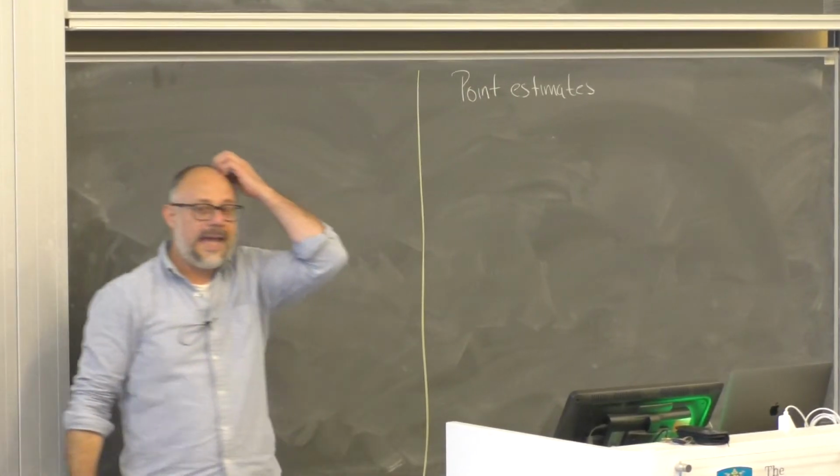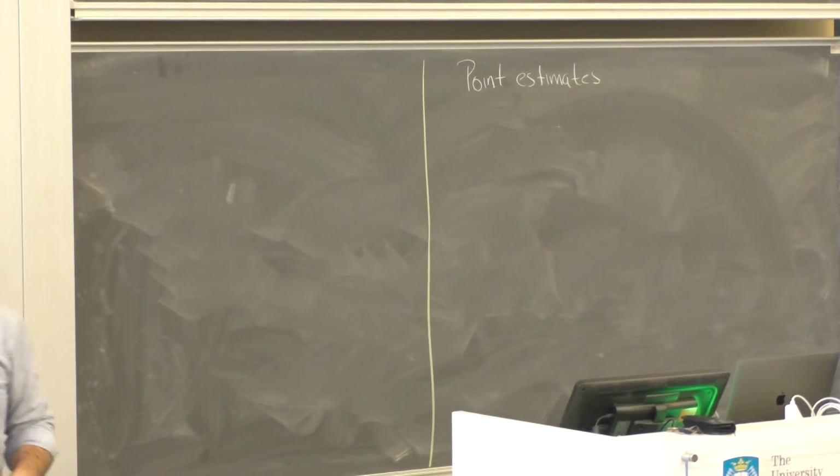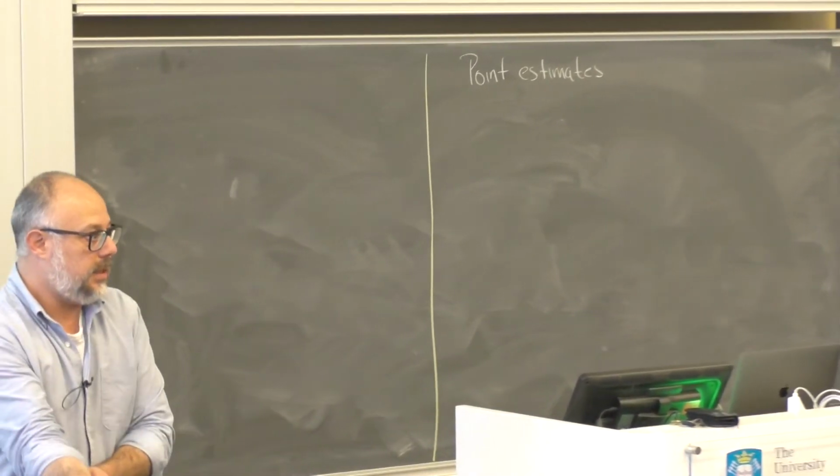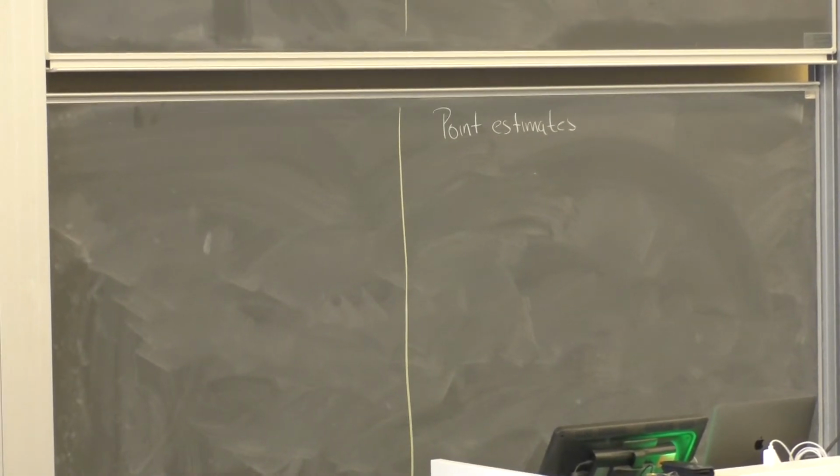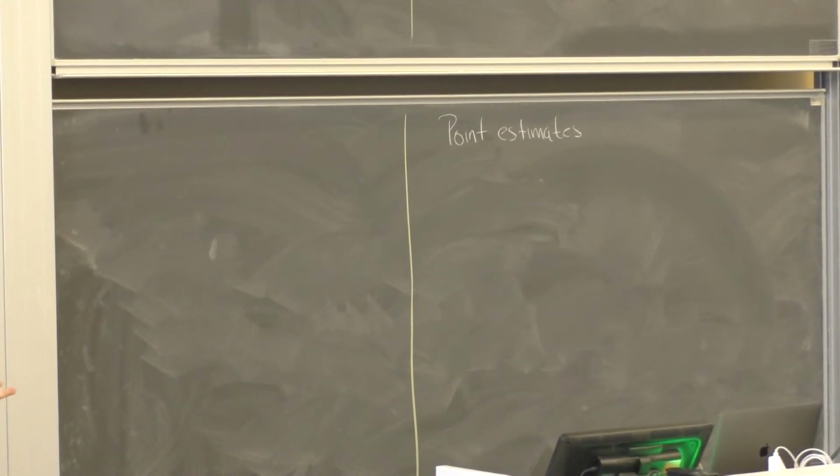So if I want to calculate point estimates, the three options that we've studied are the point estimate under quadratic loss, linear loss, and 0-1 loss.